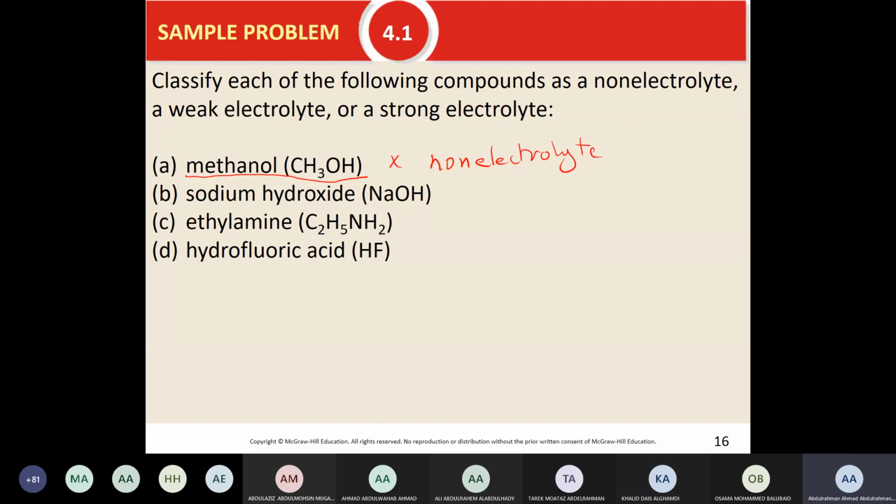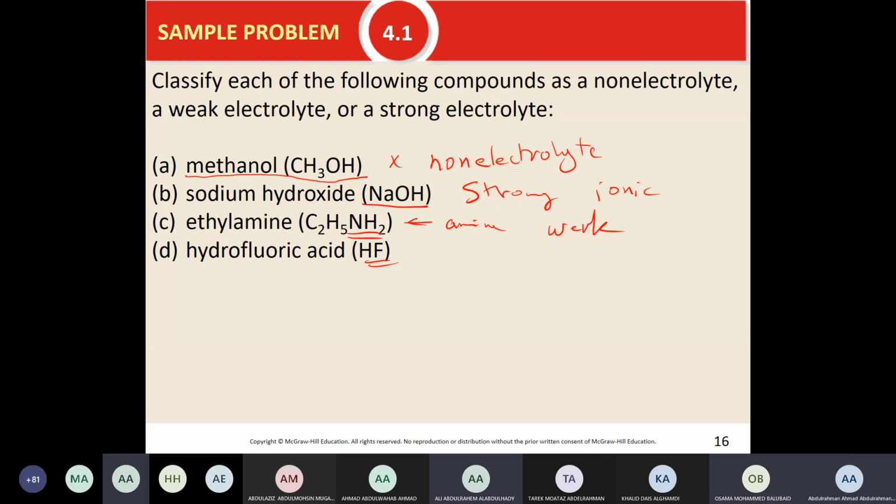Okay, how about the second one? Is it weak, strong, or none? Strong. Why? Because it is ionic. How about the third one? Weak. It is a base that contains amine, that's why it is weak, exactly. How about HF?